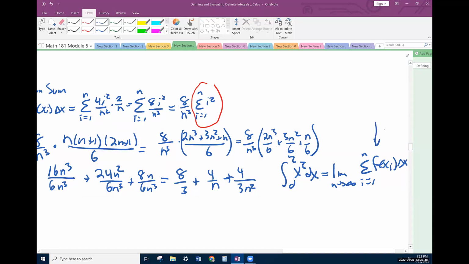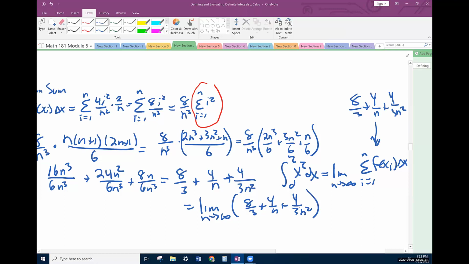And we've done this part. That's going to be this 8/3 plus 4 over n plus 4 over 3n squared. So what's left to do is to say the limit as n goes to infinity of 8/3 plus 4 over n plus 4 over 3n squared.